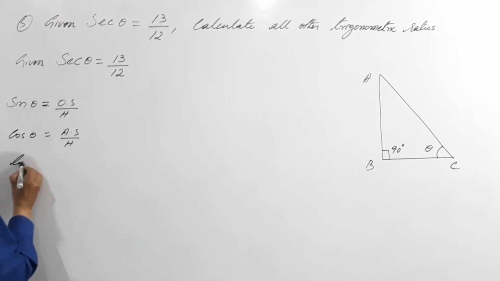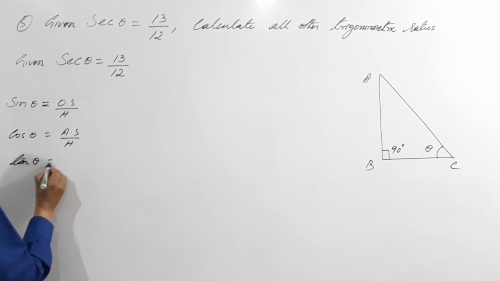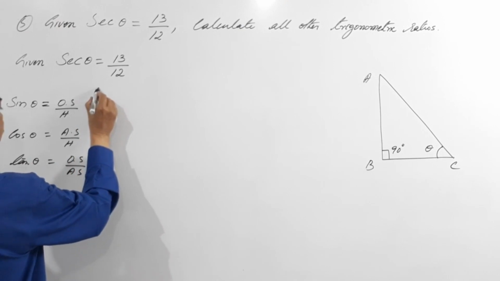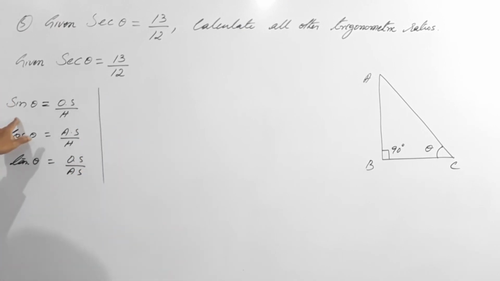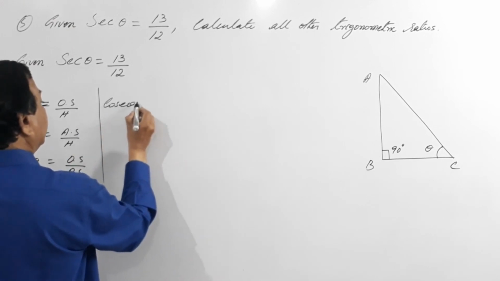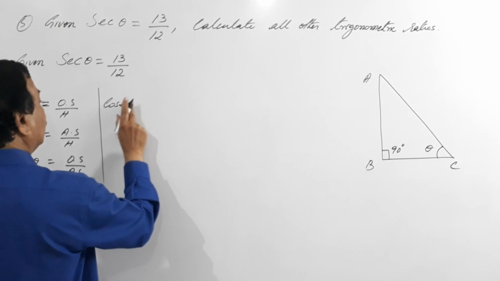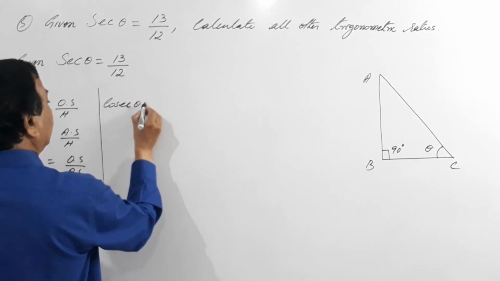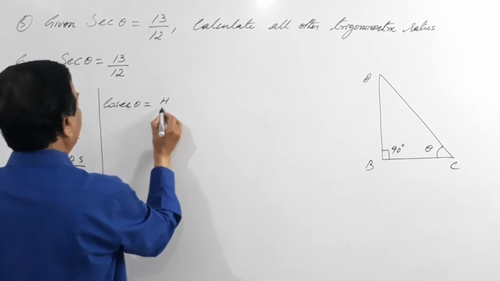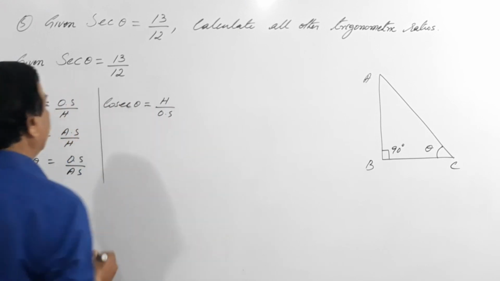Then tan theta equals opposite side by adjacent side. And what is their reciprocal? The reciprocal of sin is cosecant. So cosecant theta equals the inverse of it. Cosecant is hypotenuse by opposite side.